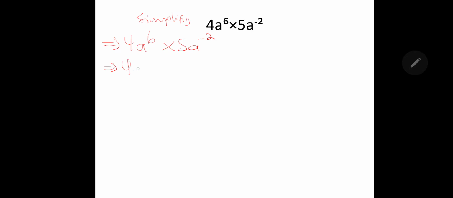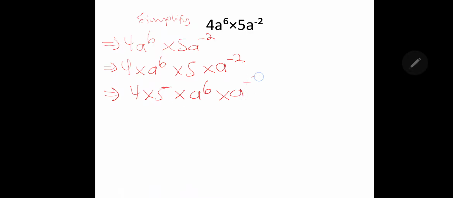This means 4 times a to the power 6 times 5 times a to the power negative 2. Group the numbers at one place. So 4 times 5 is what? 20 times. What law are you using here?